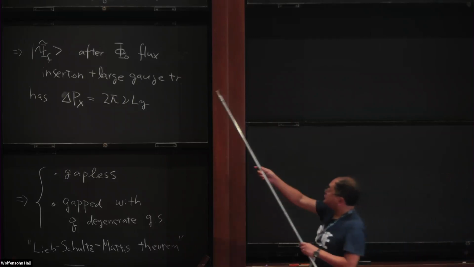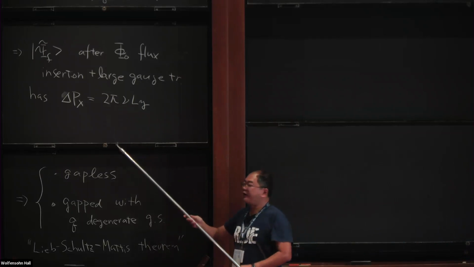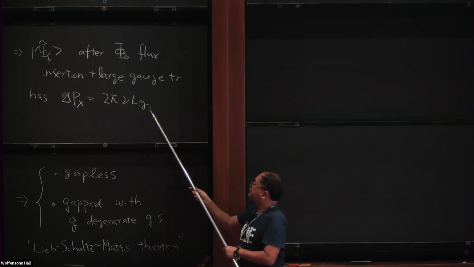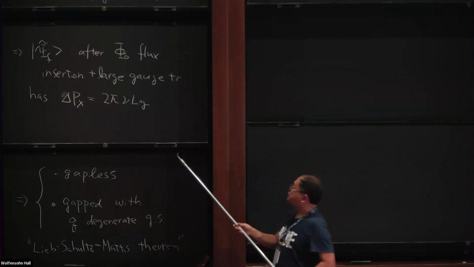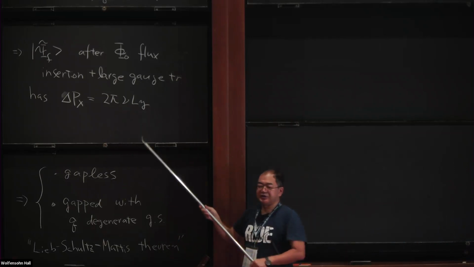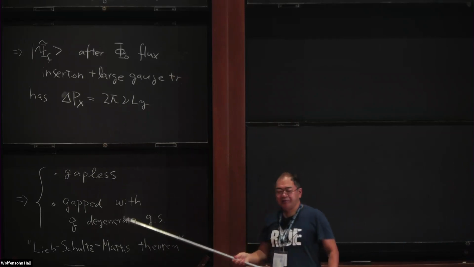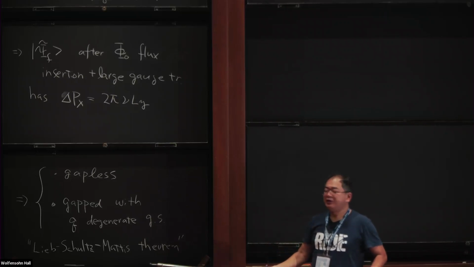But during this operation, the momentum of the system changes by 2 pi times nu times Ly. So if you choose Ly to be coprime with q, then this is some non-trivial momentum change, which means that the final state must have a different momentum compared to the initial state.